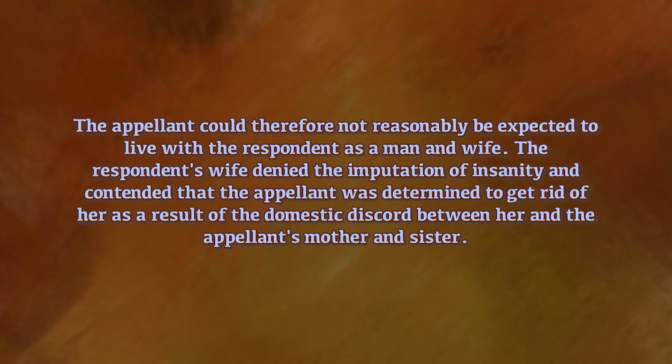The appellant could therefore not reasonably be expected to live with the respondent as man and wife.